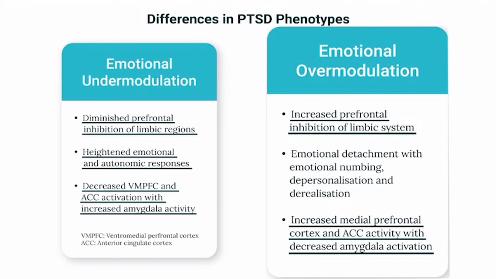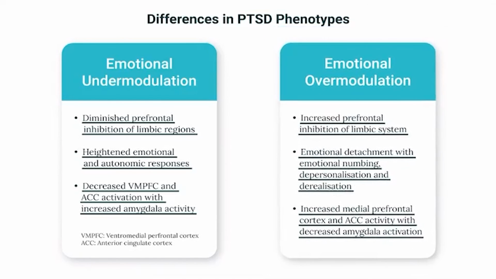Now, the limbic system is also a reward pathway, and when this is blunted excessively, the patient can actually present with emotional detachment, numbing, depersonalization, and derealization, as the amygdala cannot activate a key area, which is the basolateral amygdala, which is critical for reward behaviors via the projection to the nucleus accumbens, which is the reward pathway. So basically, it's the excessive blunting of the reward pathway, and that's known as the emotional overmodulation phenotype.